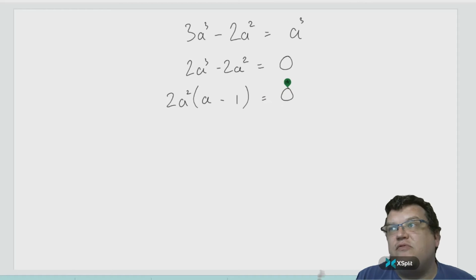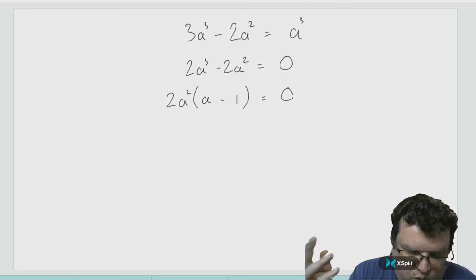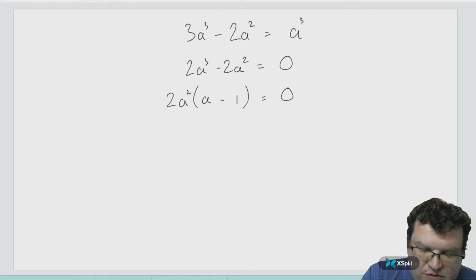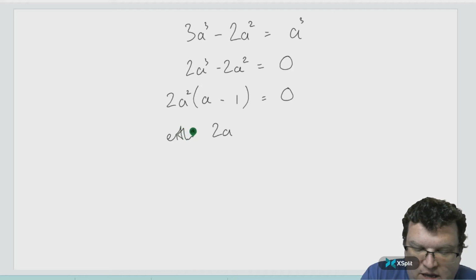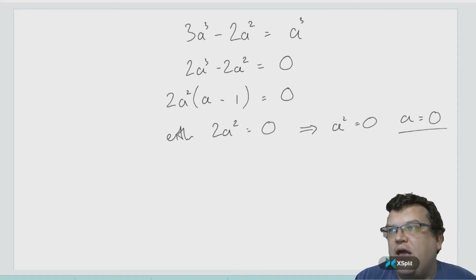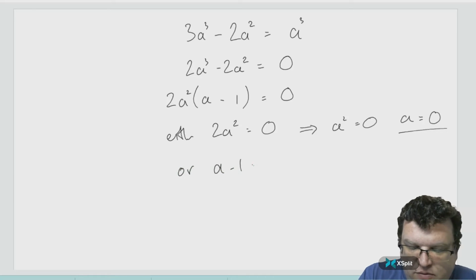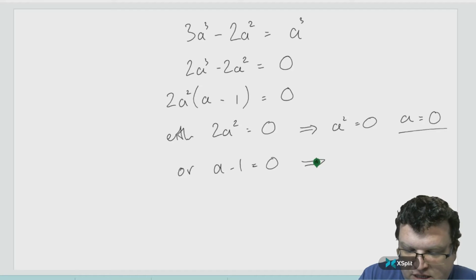And the null factor theorem, remember, tells us that if I have two things that multiply to give 0, then one of them has to be 0. So my two solutions are either 2a squared equals 0, which would lead me to a squared equals 0 or a equals 0. So there's one possible solution. The other is that a minus 1 equals 0, which leads me, of course, to the solution a is equal to 1.